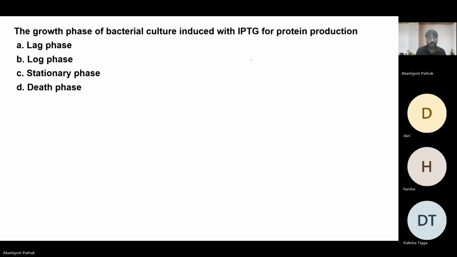So what happens is, for example, you have 750 ml LB media.